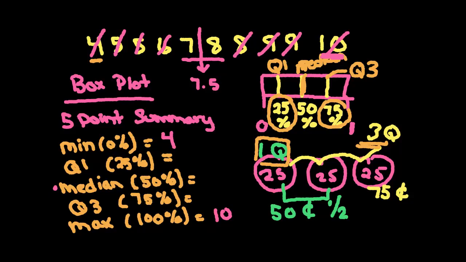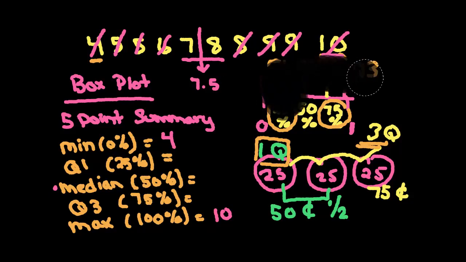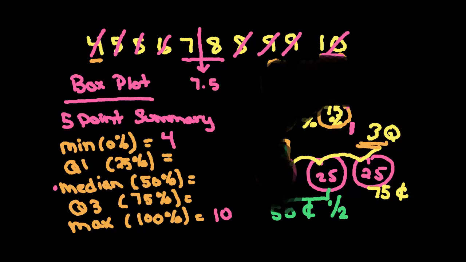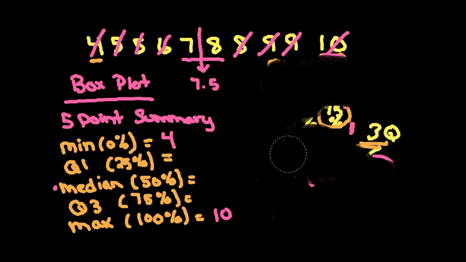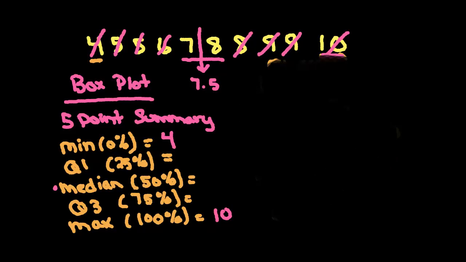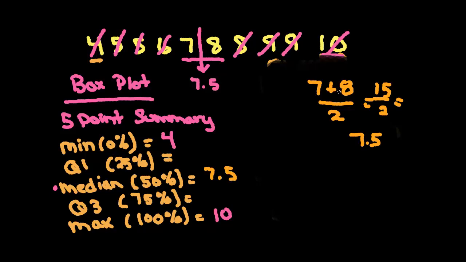Another way you could have done it is to find the average of those two middle numbers, and that will give you your median. So I could have done 7 plus 8 divided by 2. That's 15 over 2, which is equal to 7.5. So either intuitively or using the average or mean formula if you have two middle numbers.